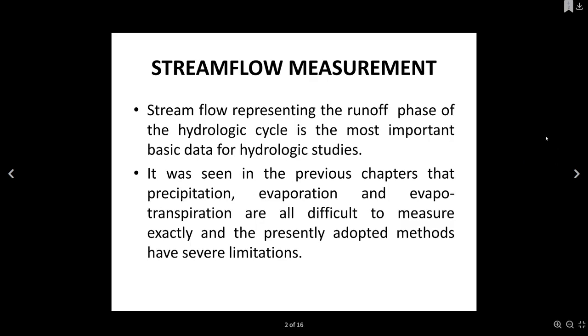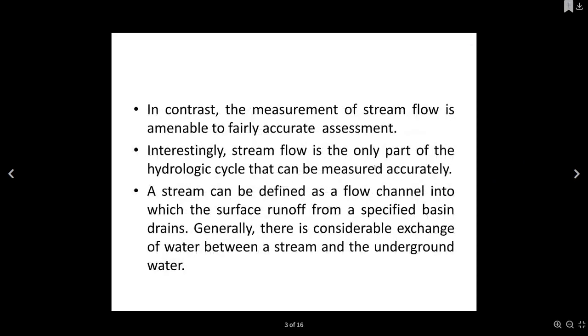Ibig sabihin, hindi very accurate. Even precipitation. That's why meron tayong kina-consider na error. However, yung measurement ng stream flow is fairly accurate siya, using mga methods natin. So it is the only part of the hydrologic cycle that can be measured accurately.